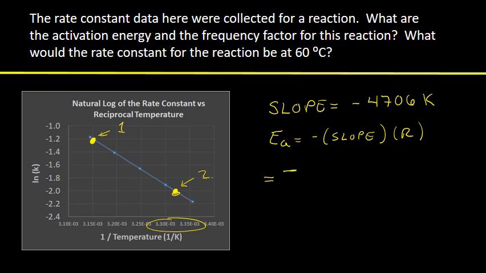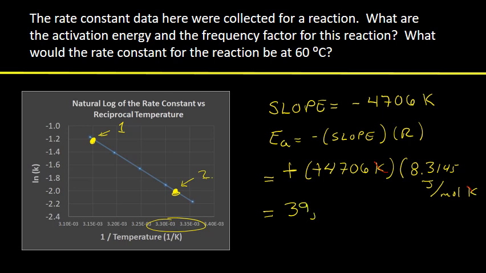Our activation energy is negative 4706 Kelvin times 8.3145, I'm kind of running out of room here, sorry, joules per mole Kelvin. Okay. So the Kelvins cancel and the negatives cancel, and for the activation energy I got 39,127 joules per mole.